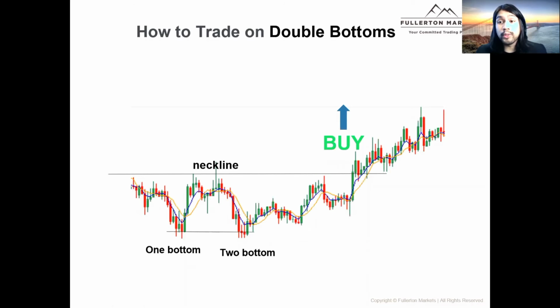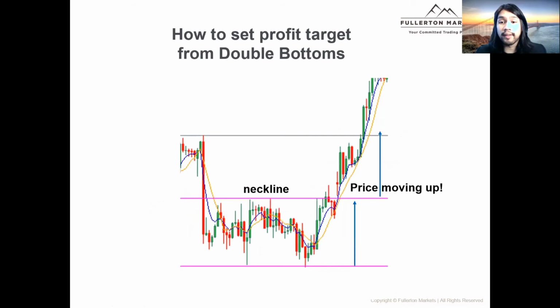All right. So how do we trade? After identifying our bottoms and our necklines, we wait for a buy position. And I'm sure you've guessed it, just like earlier when we were targeting the take profit, we will be doing the same this time, measuring from the neckline to the double bottom. So if this is worth 2,000 points, I want you to target 2,000 points away from the neckline.